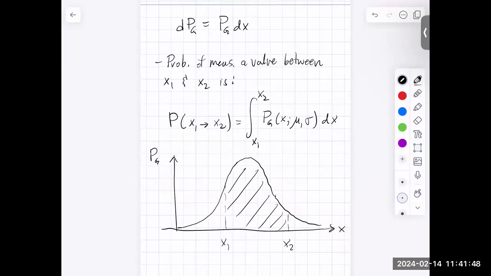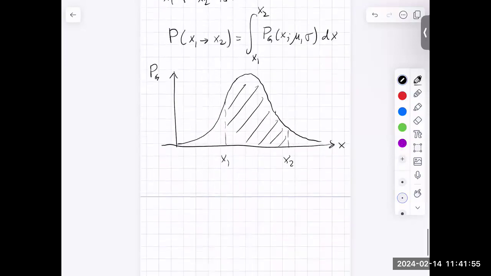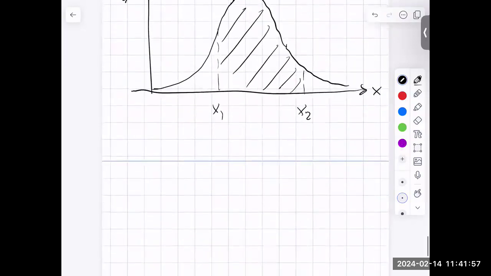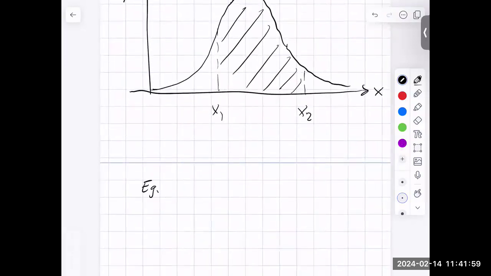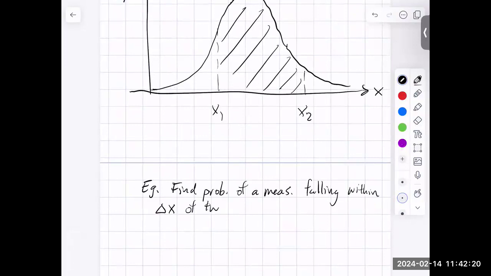Okay. So let's see if we can actually work out this kind of integral for a specific example. So the example we'll do is find the probability of a measurement falling within delta x of the mean.